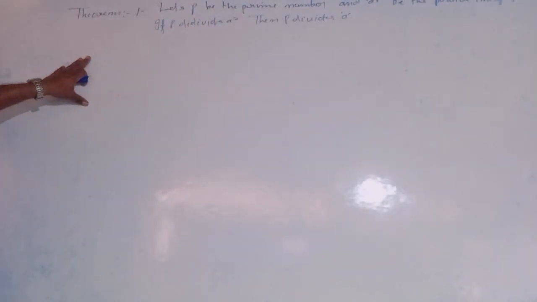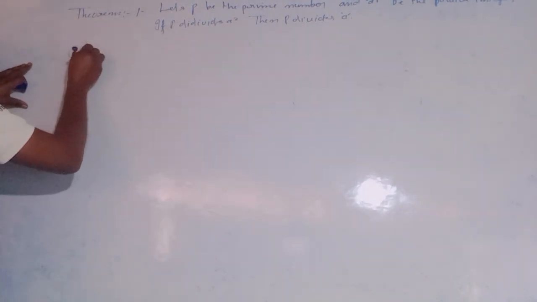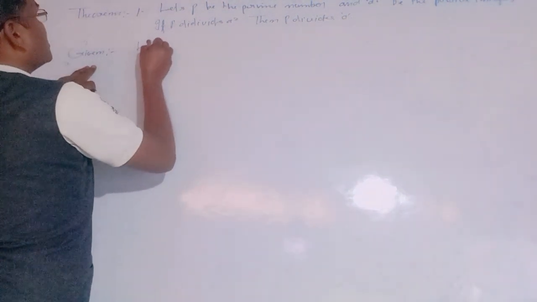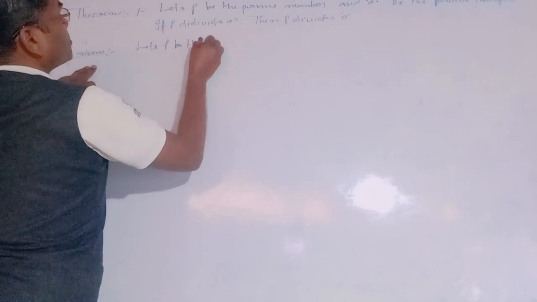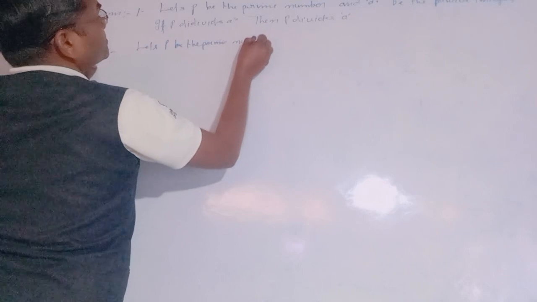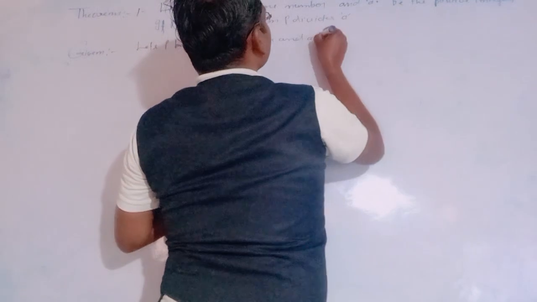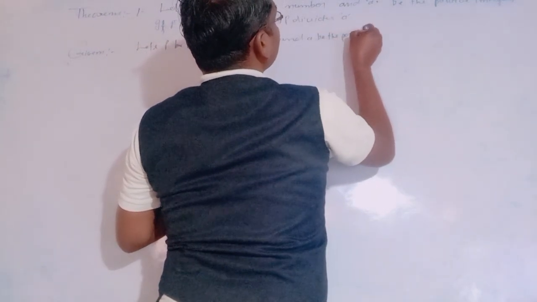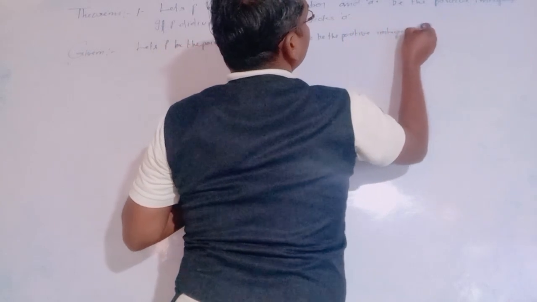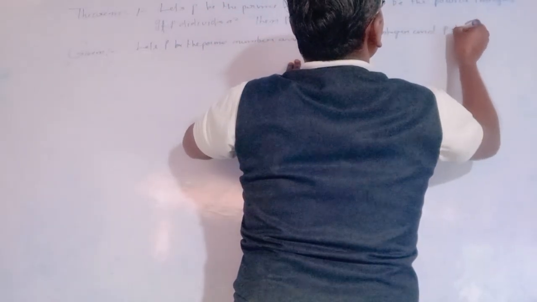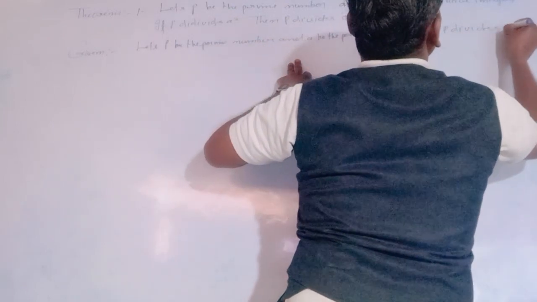These are the questions. Some theorems are given here. We write the given statement: let p be a prime number, and a be a positive integer, and p divides a square.